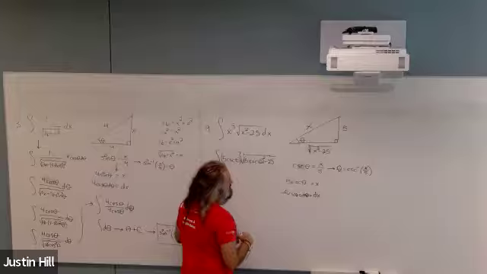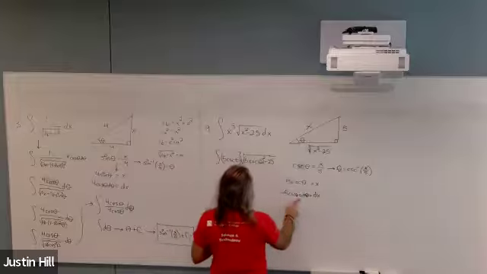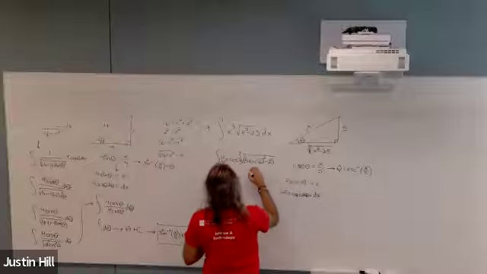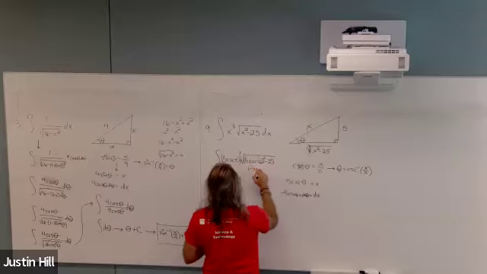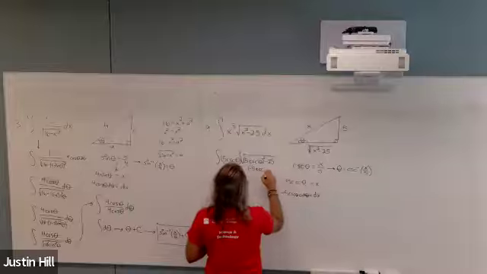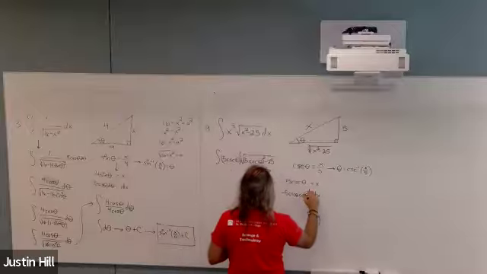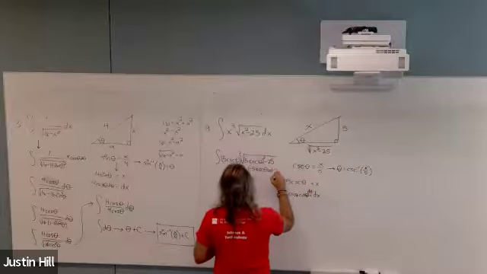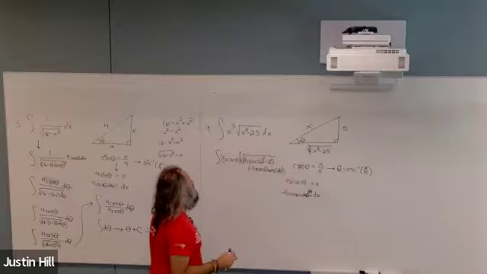And all of this also times -5 cosecant cotangent theta, d theta. All right, that's my dx.